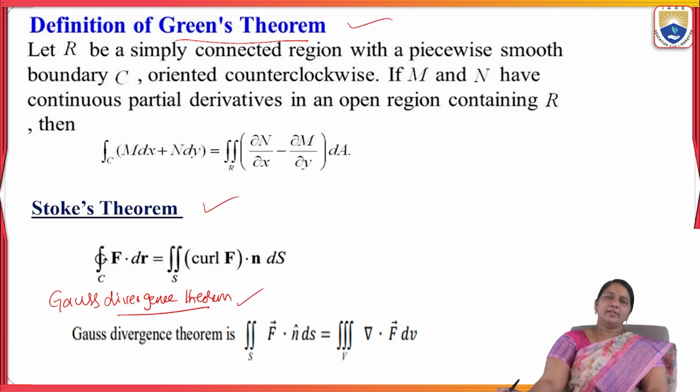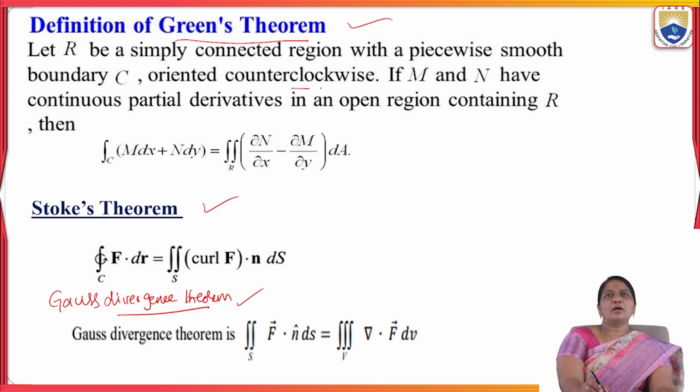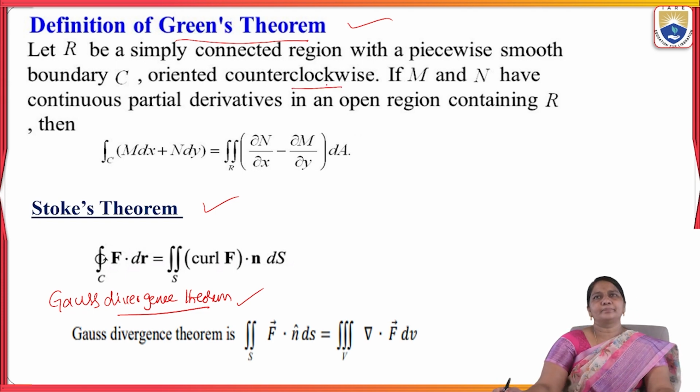So what is the statement of Green's theorem? Let R be a simply connected region with a piecewise smooth boundary C oriented counterclockwise.